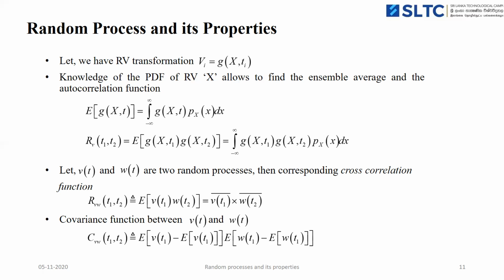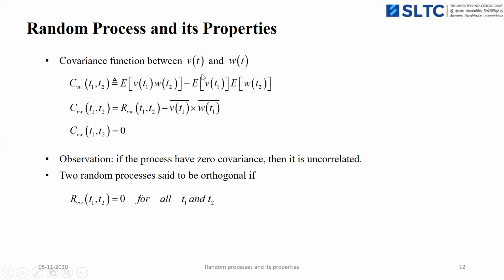Similarly for the other random process, and if we cross multiply, we get the simplified expression for the covariance of these two random processes, which equals the expectation of v of t1 w of t2 minus expectation of v of t1 into expectation of w of t2. This is the mean of the random process v, this is the mean of the random process w, and this is the cross correlation of the random processes v and w.